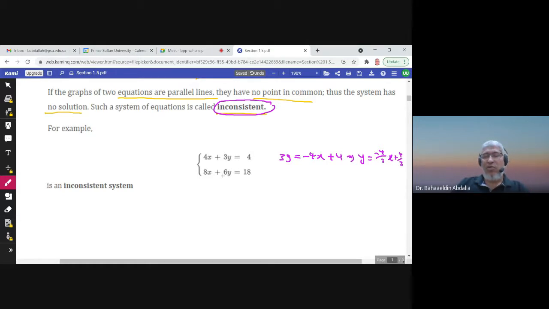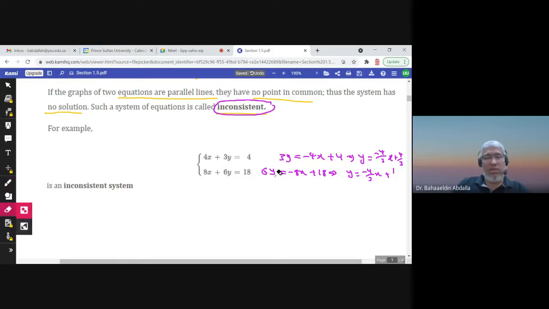Here also, if you write it in the slope intercept form, you will notice that y is negative 8 over 6, or 4 over 3x plus 18 over 6, or just you can divide by 3 both sides. 18 over 6 is just 3.